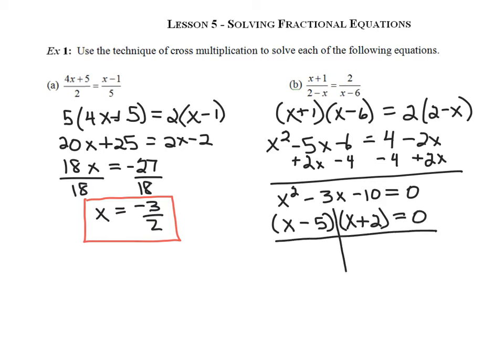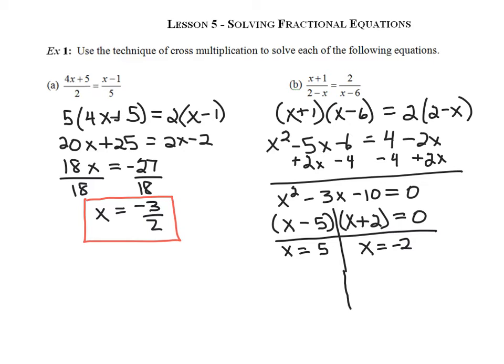Quadratic, so I can t-bar it and get that x is equal to 5, x is equal to negative 2. Now at first glance it almost looks like that negative 2 is going to make my denominator of the first fraction be 0, but that's not true because I've got 2 minus x.